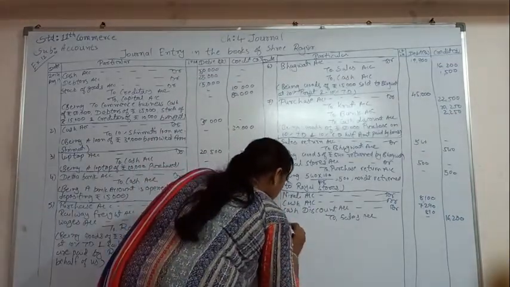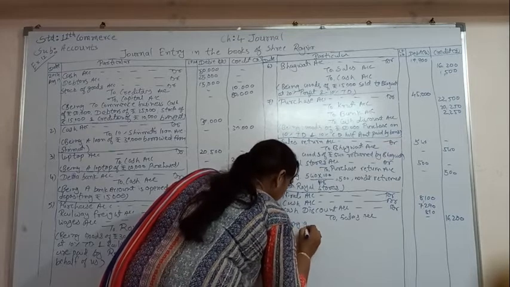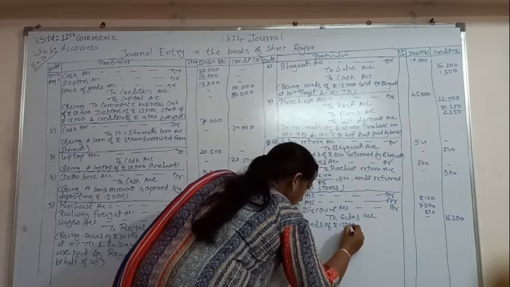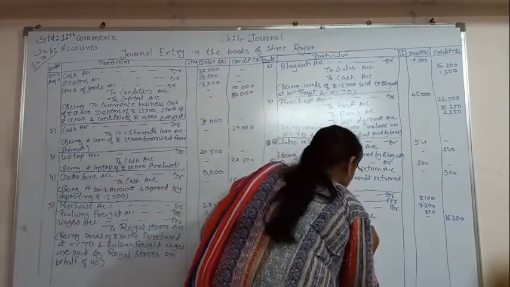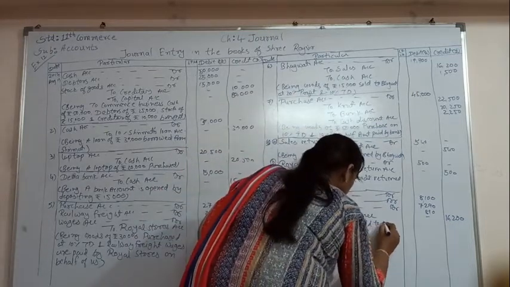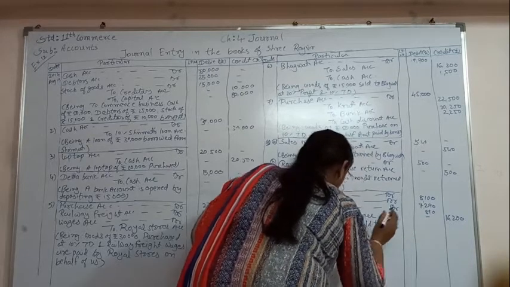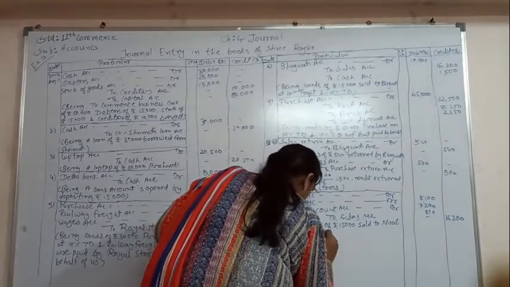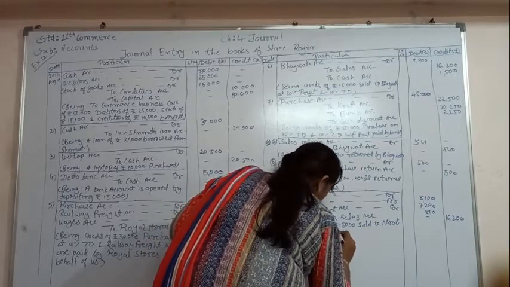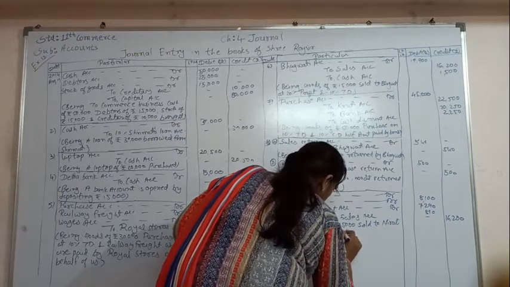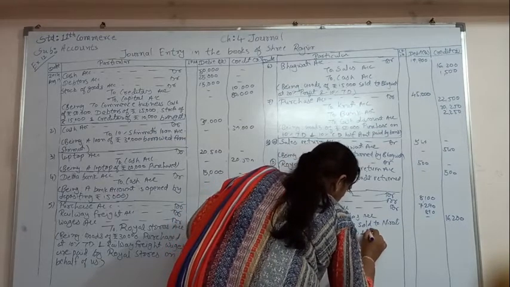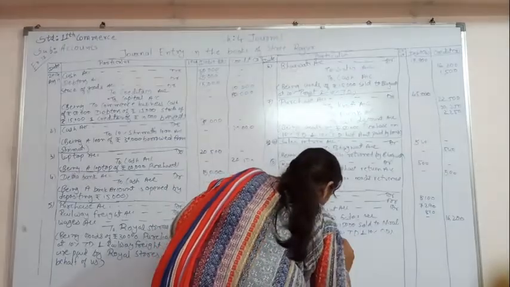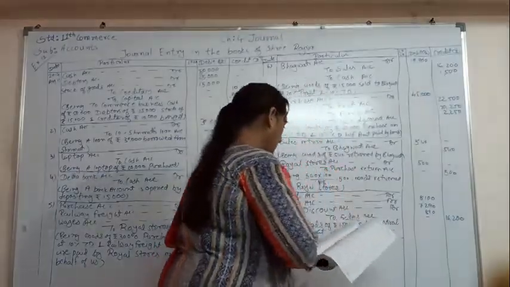Being goods of rupees 15,000 sold to Nirali at 20% profit, at 10% trade discount and 10% cash discount. So this was the transaction.